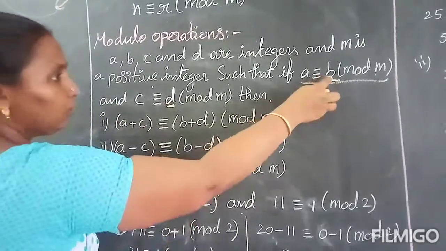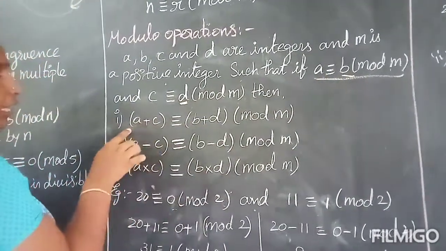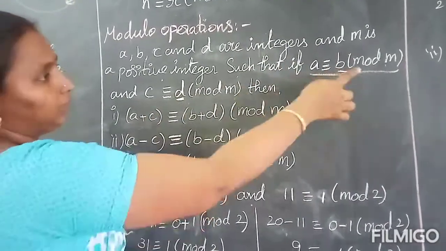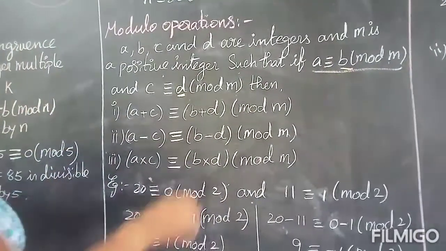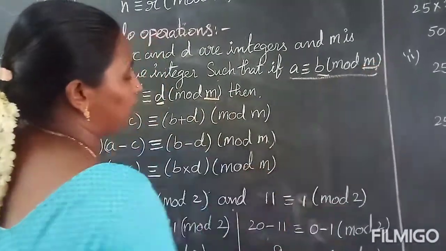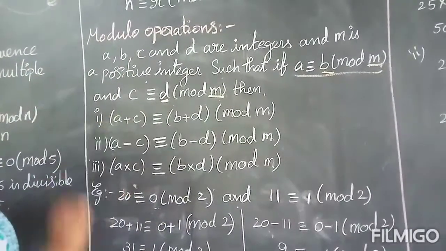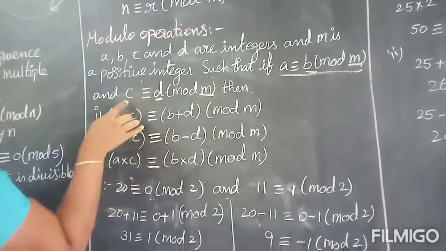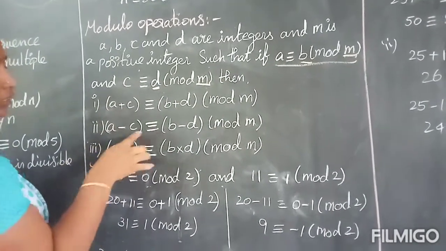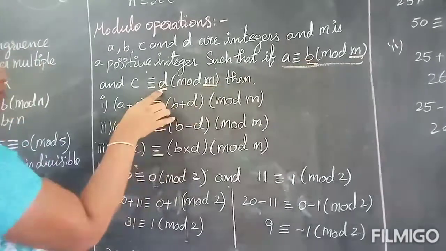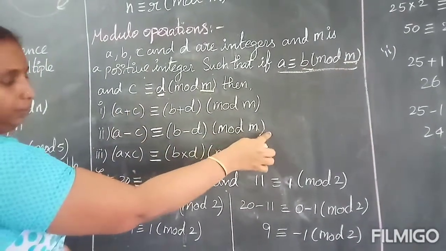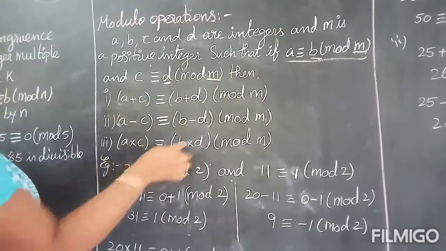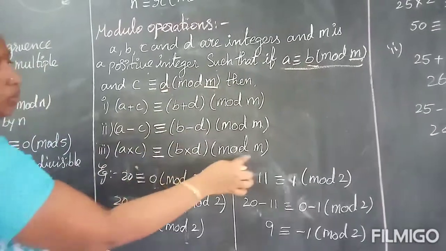So A plus C is congruent to B plus D mod M. The mod will be the same number. Whenever the modulus value is the same number, then only you can apply these operations. Next, you can subtract also: A minus C is congruent to B minus D mod M. Next, you can multiply: A into C is congruent to B into D mod M.